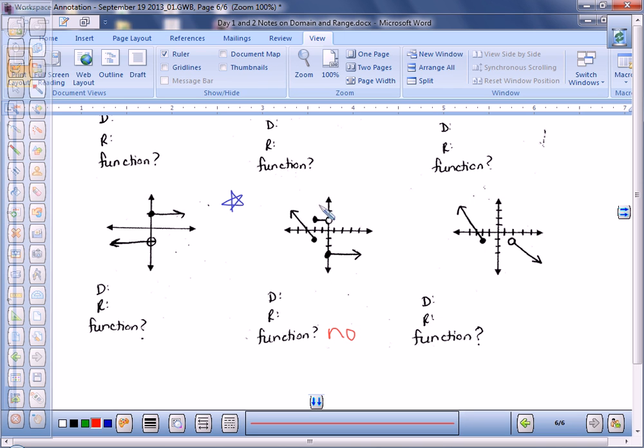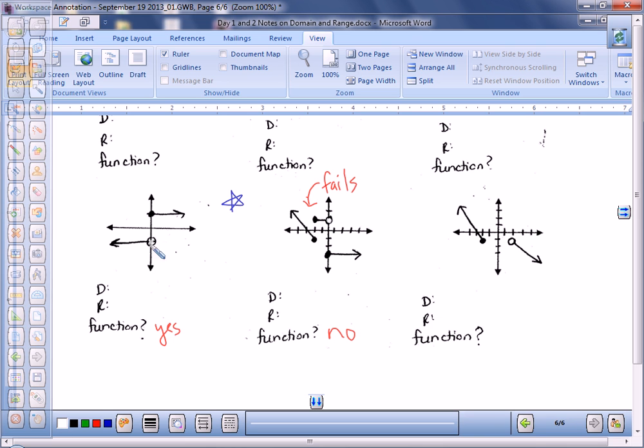There's not a point there, so it fails just right there. The one to the left passes because they're both black. That one has a function. Okay, I got it.